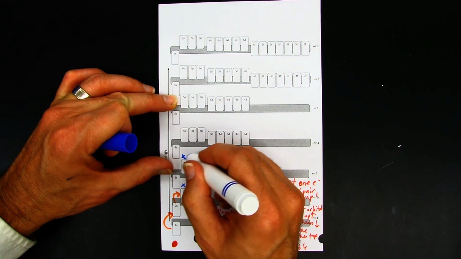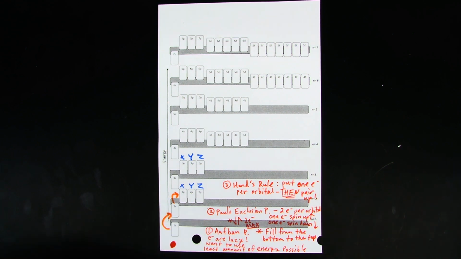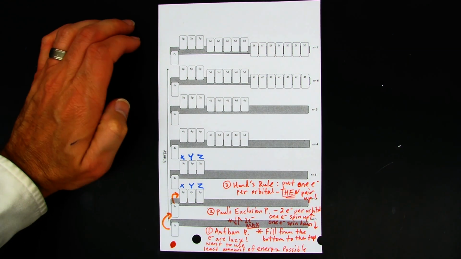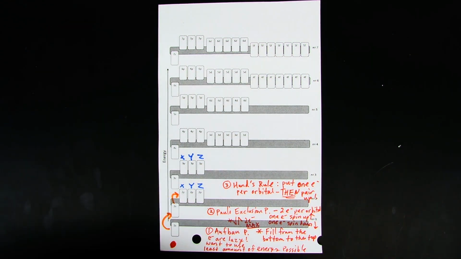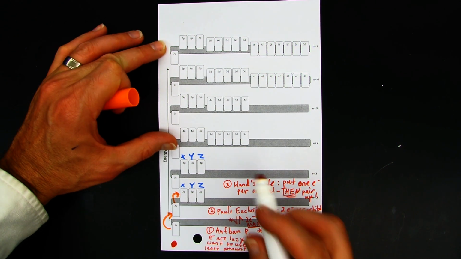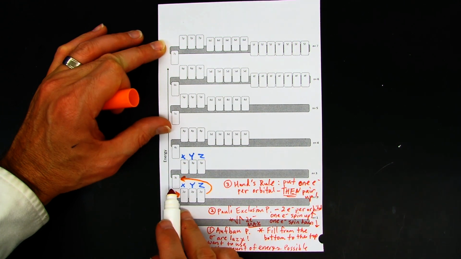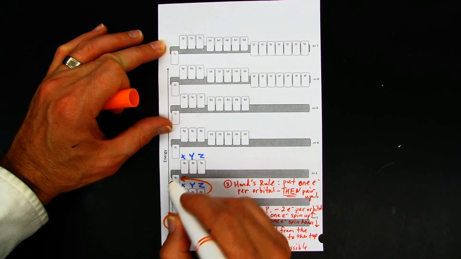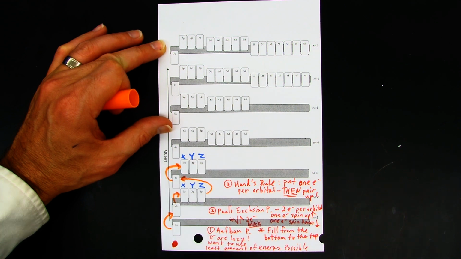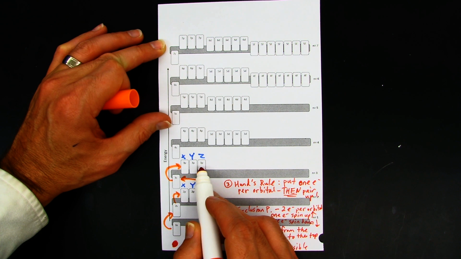So we have those three orbitals. When you fill in each of these orbitals, once this level is filled in, then you go to the next higher level, which is the 3s. And when that's filled, you go to the 3p sublevel and fill in those 3p orbitals.